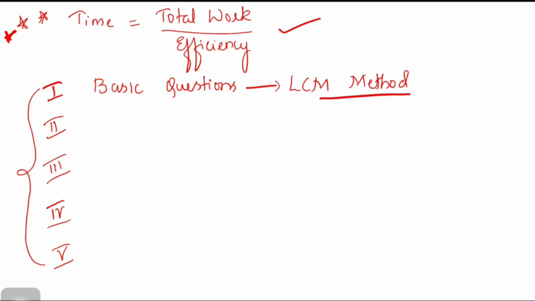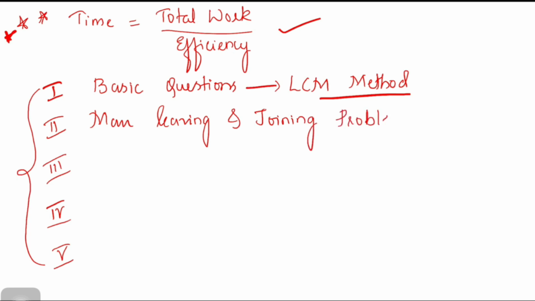The second is man leaving and joining problems. There will be some problems where two people are working, they both start the work together, but after some days one person will leave and the other person will complete the remaining work.